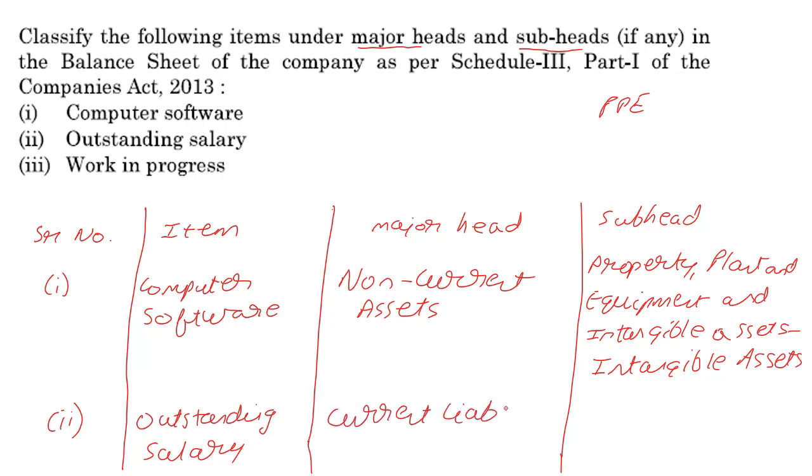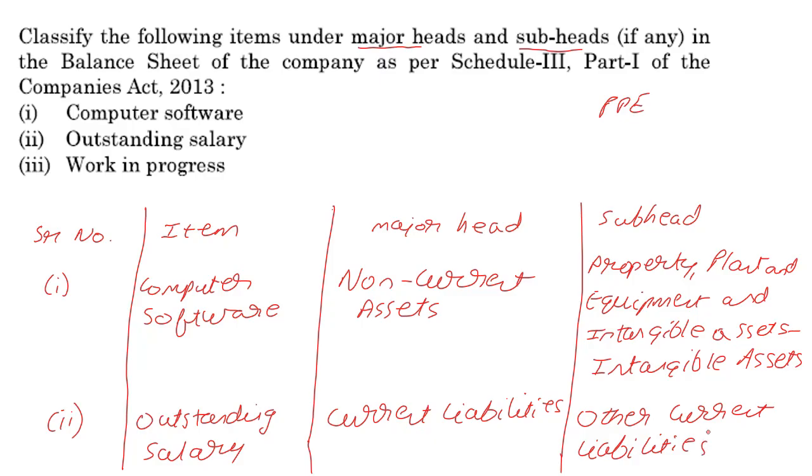But if you go through the list of current liabilities in Schedule 3, and I'm reading out some of the current liabilities: short-term borrowing, trade payable, other current liabilities, and short-term provision. It has to come in any of these four. You have to decide which one. And the most suitable is other current liabilities.